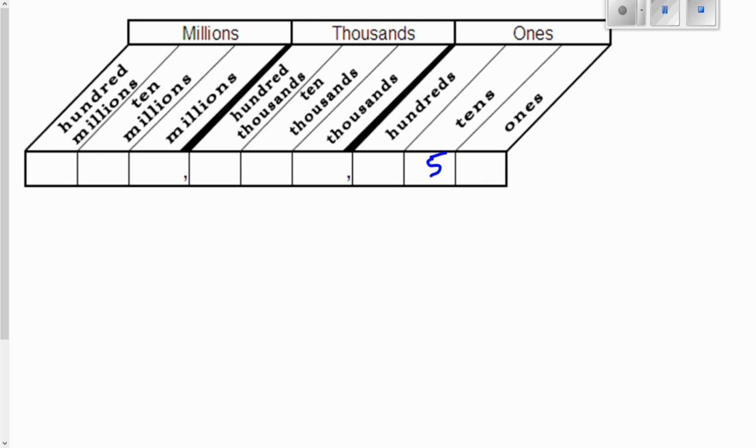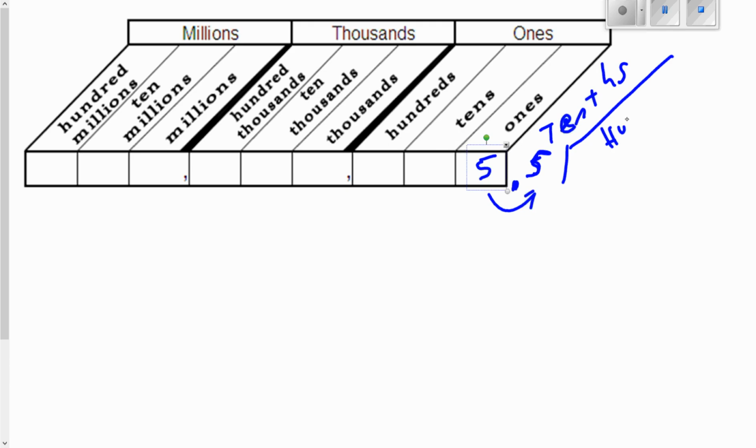Let me back up here. If you move to the right, and we have the decimal point right here, you get to the tenths place. So this 5 here would be worth 1/10 as much as it would be if it was in the ones place. Then the next place after that is the hundredths place.